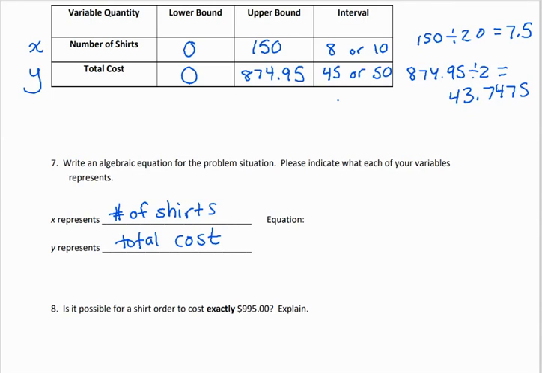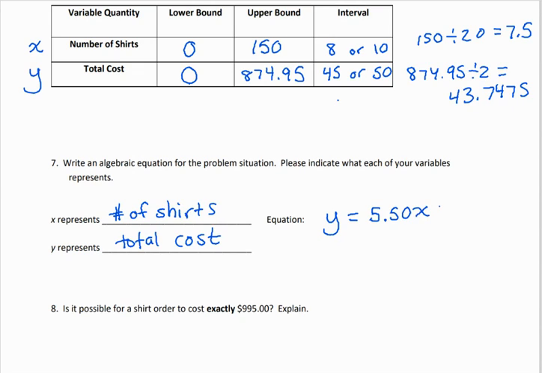Okay. So now when we talk about our equation, it's what we used on that first page. How did we find the total cost? So I'm going to start with saying y equals. How do I write y represents total cost? How did we find that total cost? What did we multiply? 5.50 times x, the amount of shirts, and that's what x says, right?